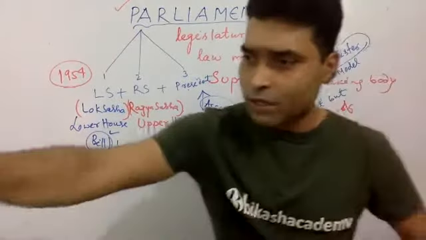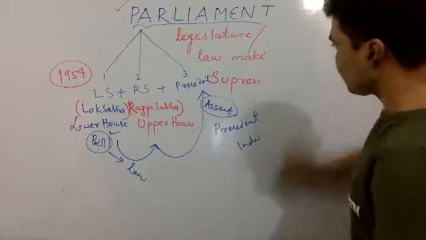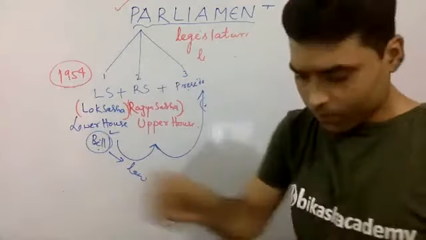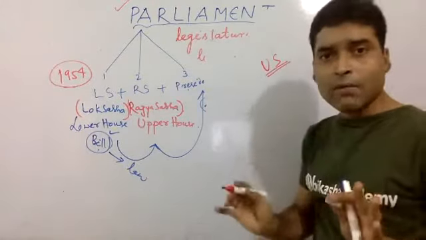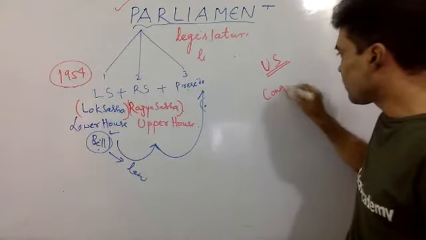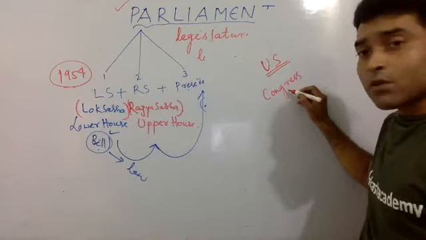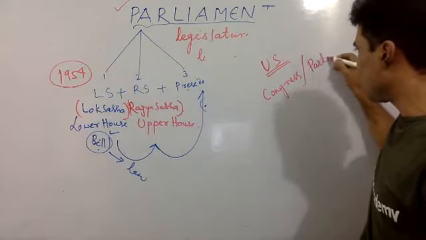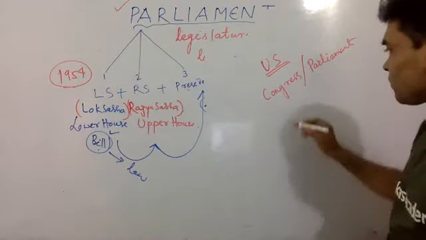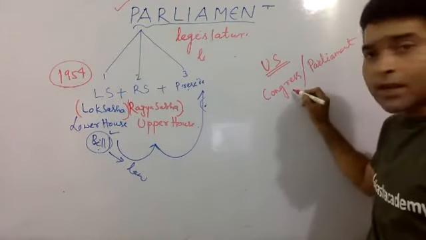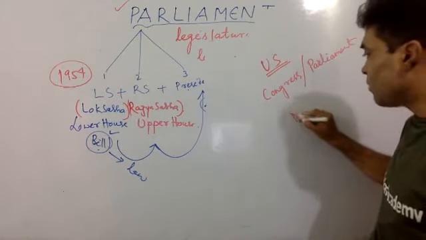But if you talk about US Parliament or US Congress, what happens? In the US, the name of Parliament is Congress. In case of US administration, Parliament or Congress comprises both the houses.